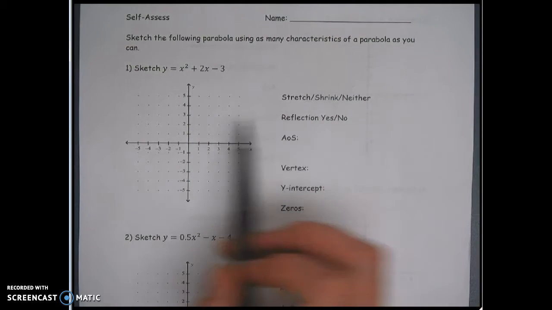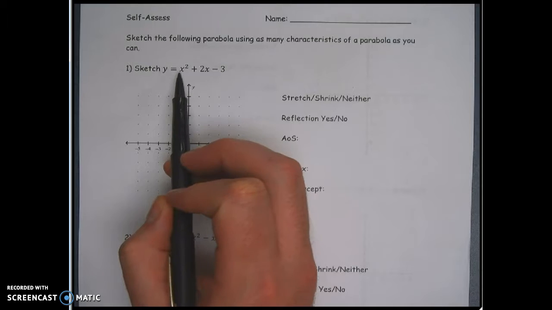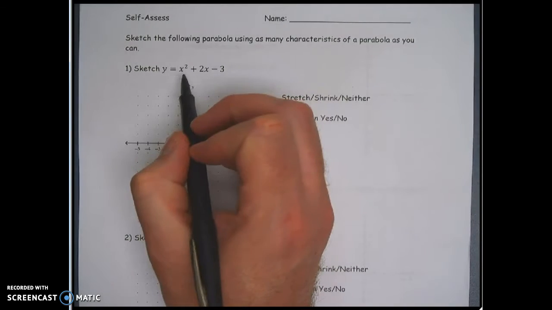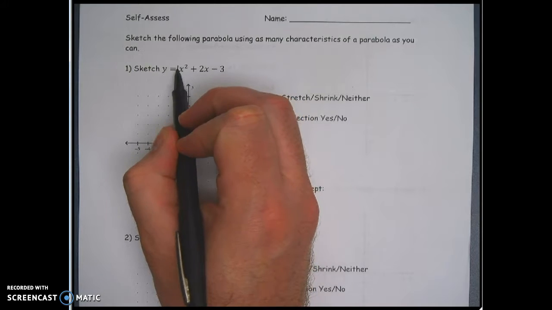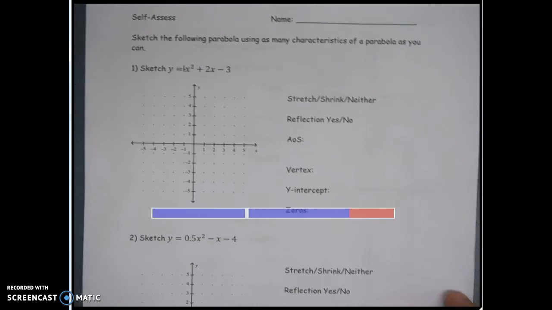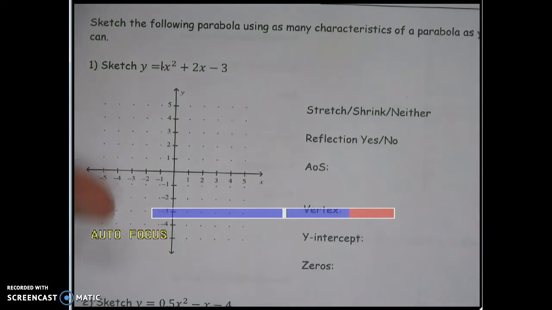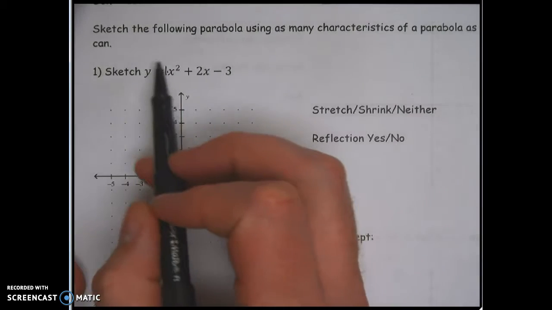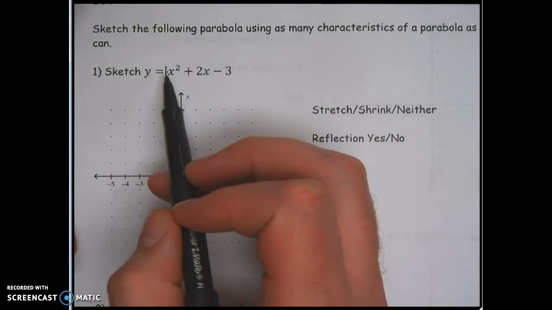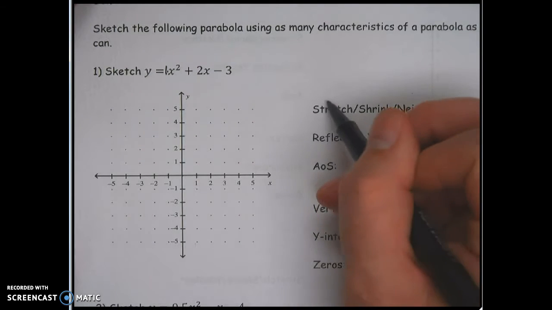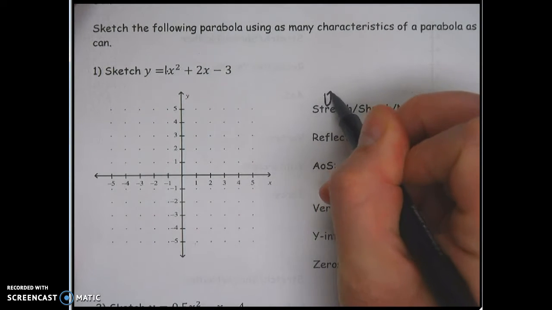All of those can be found by looking at the a term, which in math is the number in front of the x squared. Now remember, if there's not a number in front of the x squared, we can always assume it's a 1 because multiplying by 1 is not going to change anything. If we look at the absolute value, just the number itself, if the number is bigger than 1, then we say it's a stretch, and a stretch just means that it's going to be a skinnier parabola.